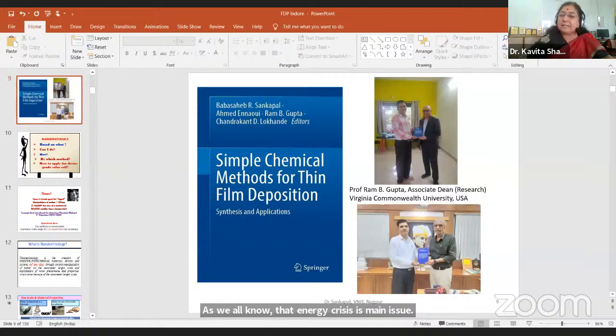That's why today's session is very important for all of us. Sankpal sir is working on energy conversion through photovoltaics and energy storage through supercapacitors. Sir shared that if solar cells are colorful and attractive, and supercapacitors are completely solid state and flexible, then they will have an added advantage. This is what we have understood today.